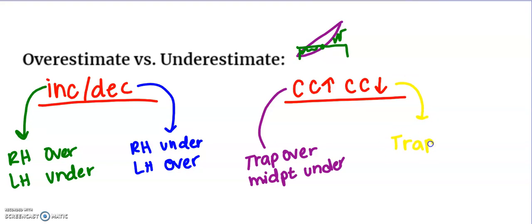This time a trapezoid is going to be a little bit too small, and the midpoint is a little bit too big. And again, if you draw that for yourself, something that's concave down, the trapezoid cutting across is going to be too small, and the midpoint, right, this is too big as opposed to this little piece right here.